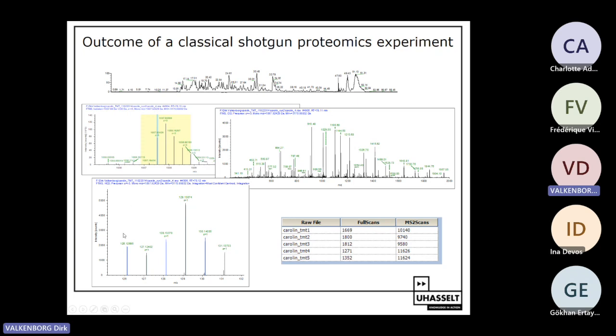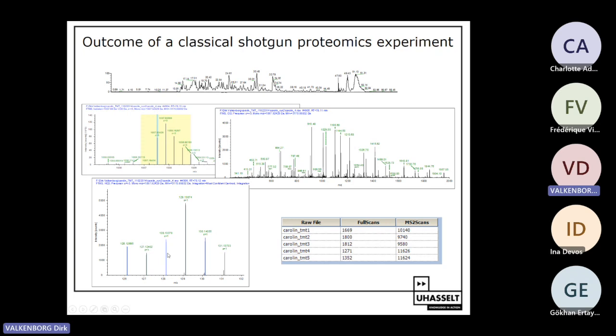Not very relevant in this lecture, but there is a different type of scan available as part of a spectrum in the data, and this is the reporter ion region. When you want to do quantitative proteomics, there is something called TMT or iTRAQ.